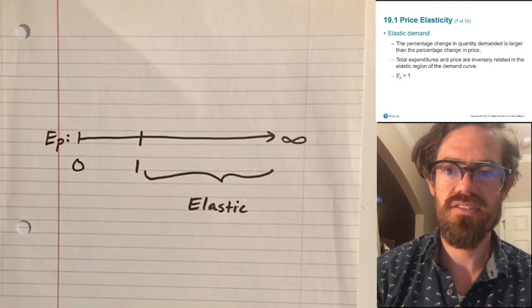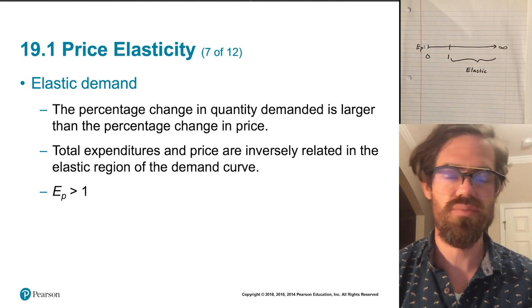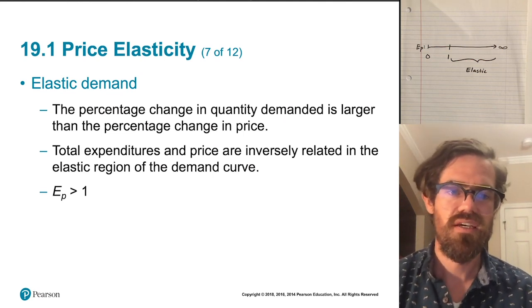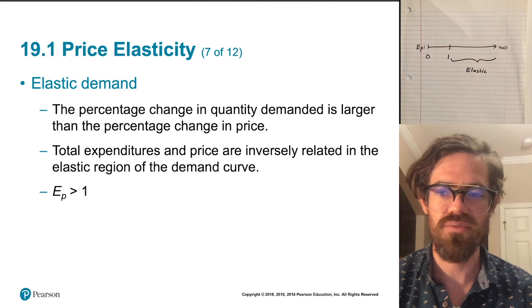And what that means, as we'll see later on, is that in terms of expenditures, which, as it turns out, equals revenues, but we'll stick with expenditures for now, it means that total expenditures and price are inversely related.